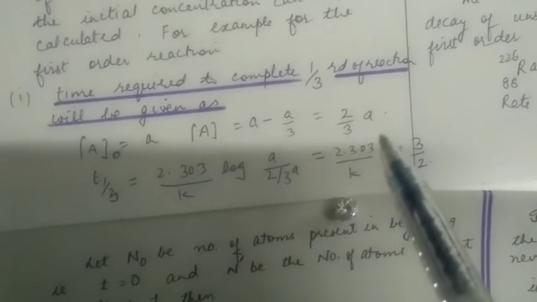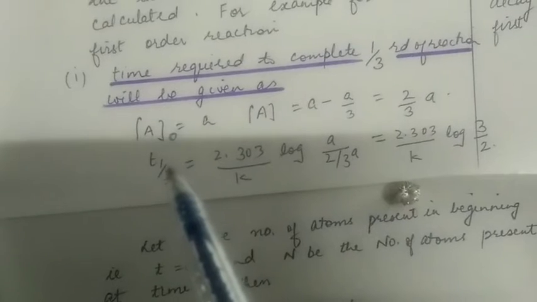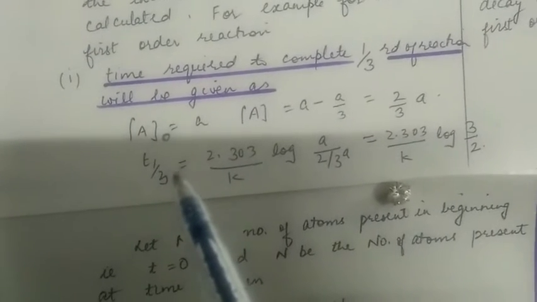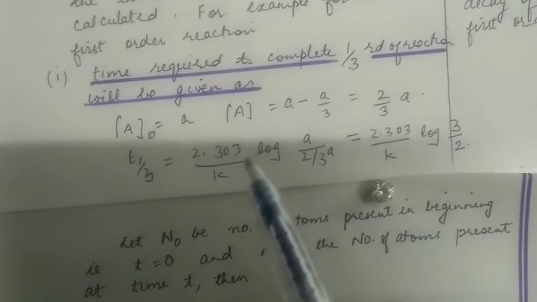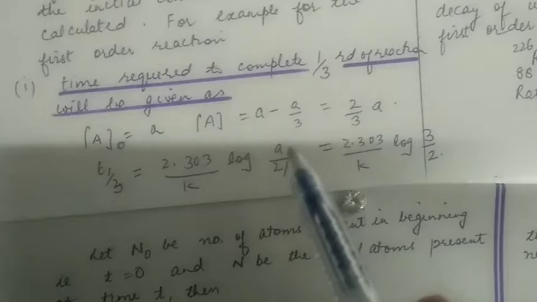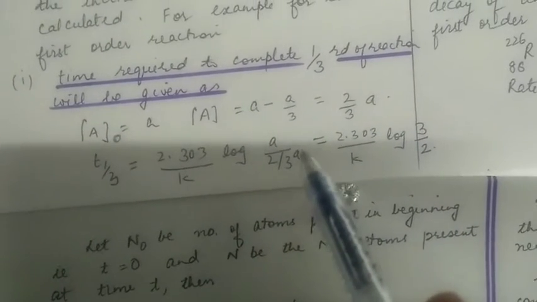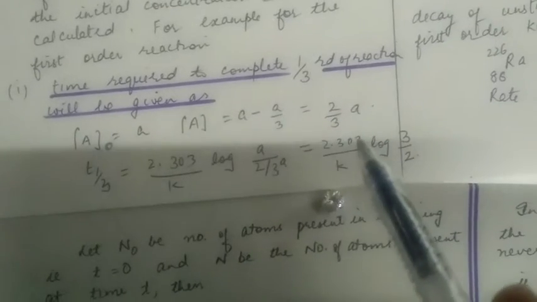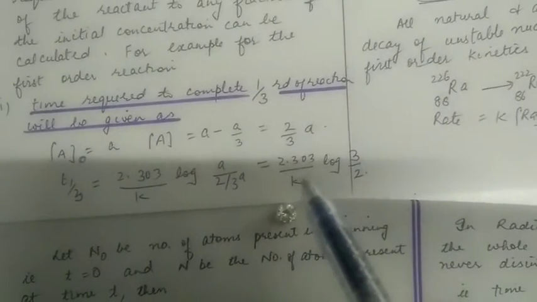So this is the concentration of A. So T 1/3, the time taken to complete 1/3 of the reaction, will be 2.303 upon K log of A upon 2 by 3A. This is A naught, this is A. So solving, A cancels out, 3 goes above, and T 1 by 3 will be 2.303 upon K log 3 by 2.